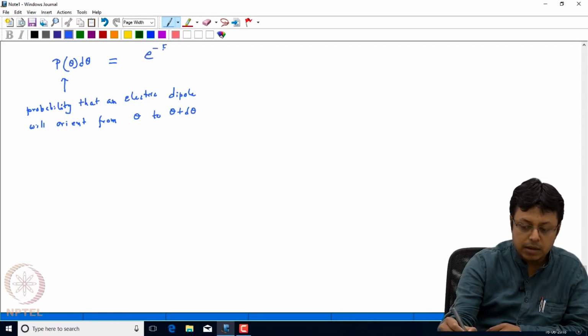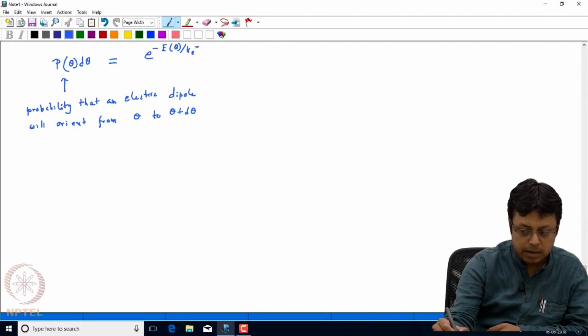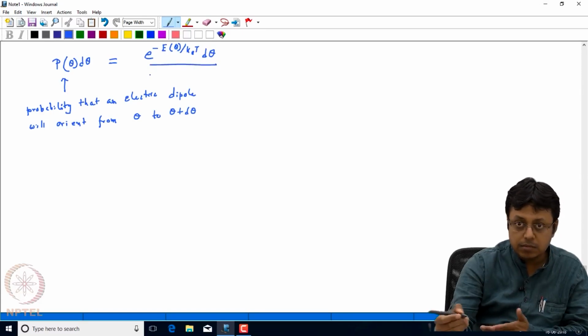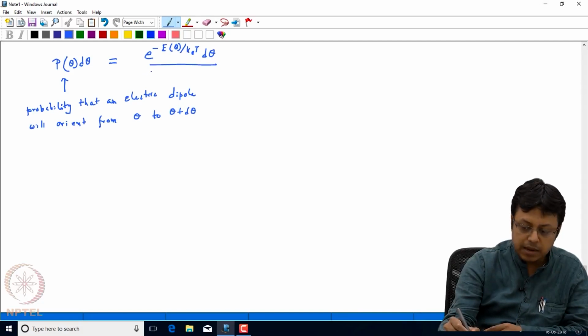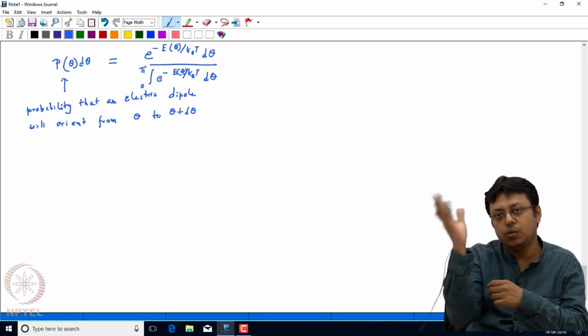It is e to the power minus the energy for that orientation theta over kBT, d theta, divided by, since this is a probability distribution, I have to take into account all possible orientations, the integral of e to the power minus the energy over kBT d theta, and theta can go from 0 to pi, because I said that it is basically 0 to 180 degrees.